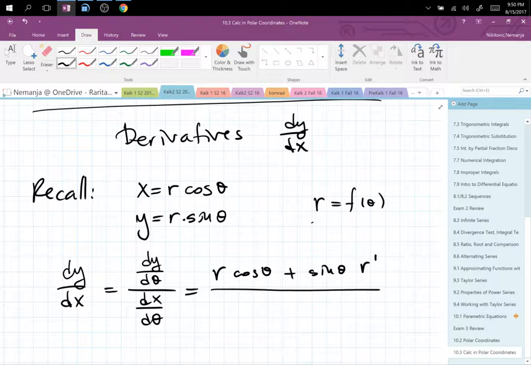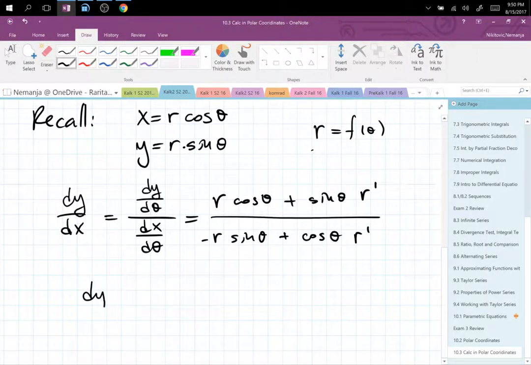So the derivative of x with respect to theta is copy the first, derivative of the second, plus copy the second, derivative of the first.